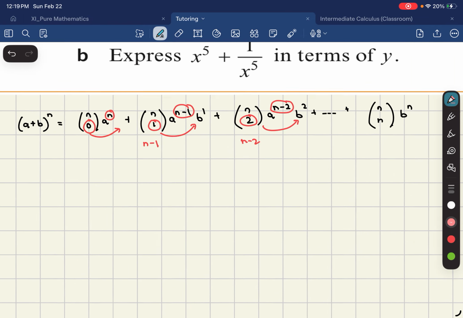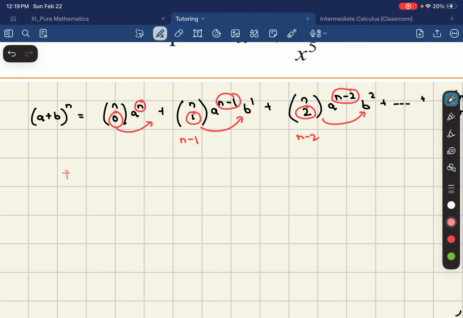come about. So now that we know that, we can say that my general term, my r plus 1th term. So why am I saying it's my r plus 1th term? Well, if I want my rth term, so let's say my rth term could be my first term or my second term all the way up until my nth term.